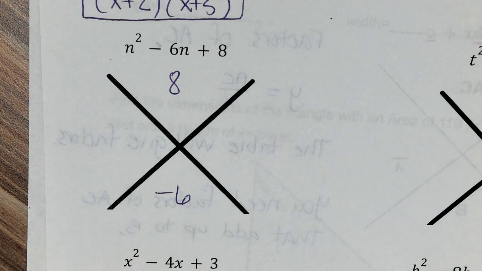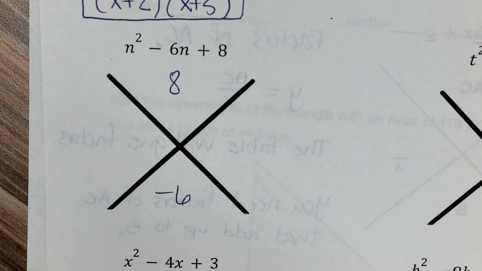Now here's the problem. I need factors of positive 8 that will add up to equal negative 6. So let's talk about it. How can I get a positive by multiplying 2 negatives? Okay, if I need to multiply to get positive 8, isn't a negative times a negative a positive?